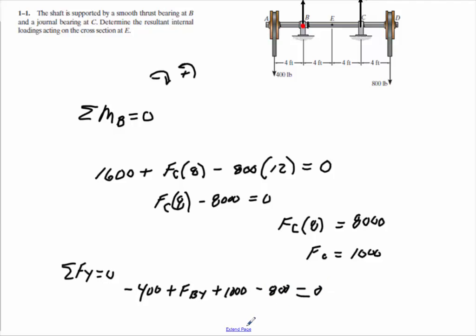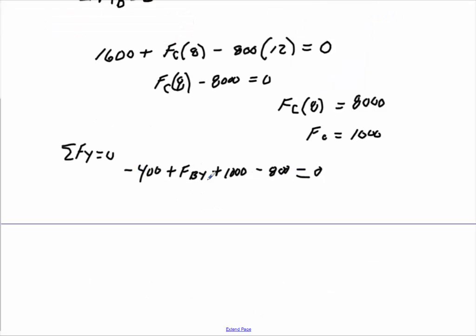Again, equal to 0. And I go ahead and just sum all this. That's minus 400, that's minus 1,200. That gives me FBY minus 200 is equal to 0. Move it back over, and I get FBY is equal to 200.